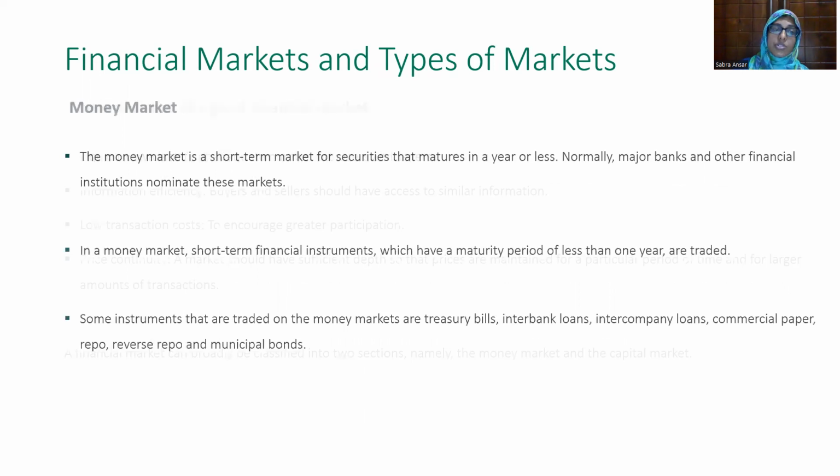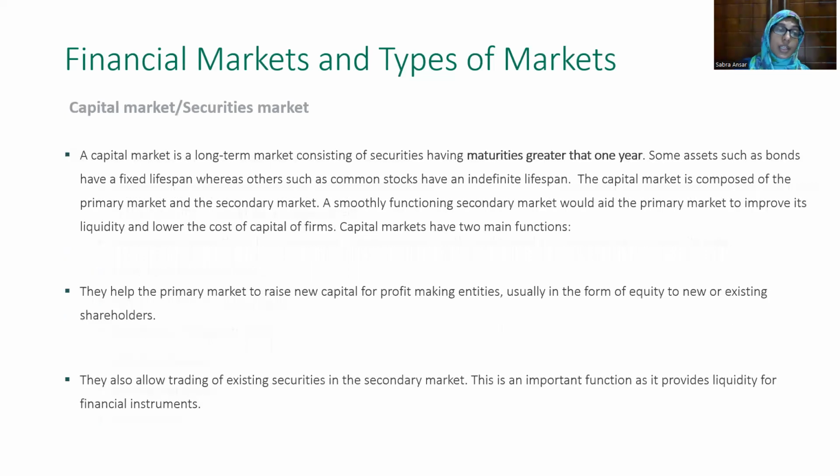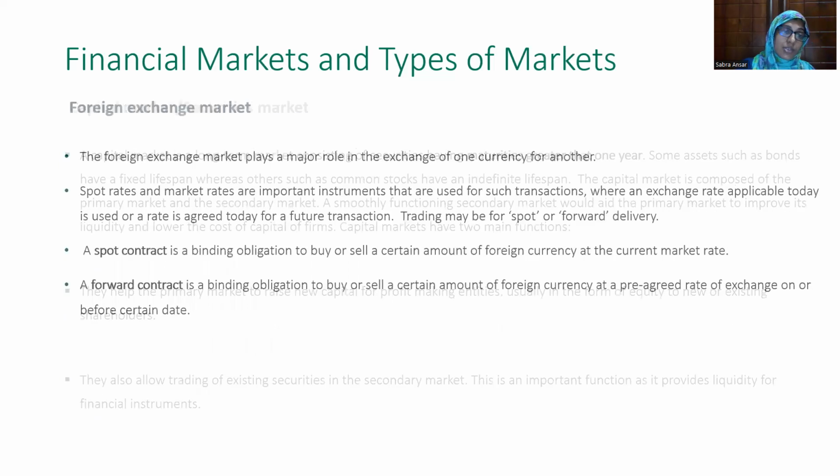Today I spoke about money market and explained how any security having a short-term maturity date will be considered. Thereafter, we spoke about different instruments used in the money market, and then moved on to the capital market or security market. We also spoke about the primary and secondary market, and how the two functions relate to the capital market as well.